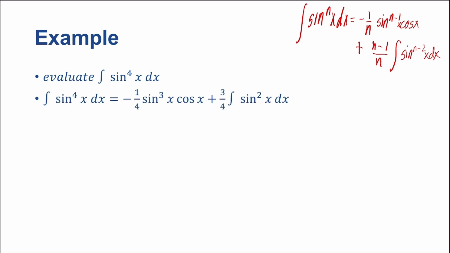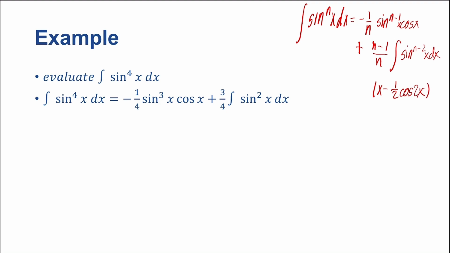So let's start. We're going to plug it in. The integral of sine to the fourth of x dx is equal to negative 1/4 sine to the third of x cosine of x, plus 3/4 times the integral of sine squared x dx.